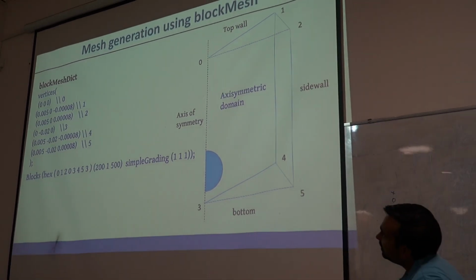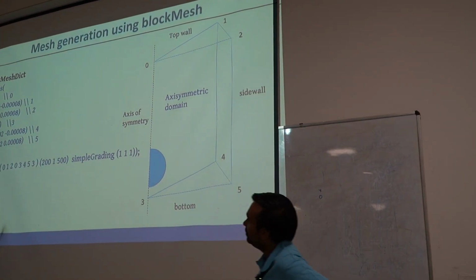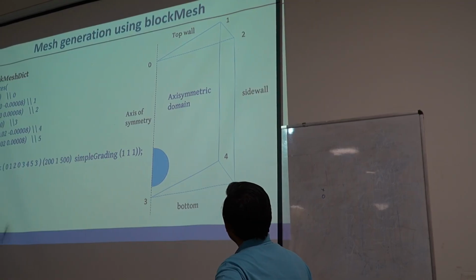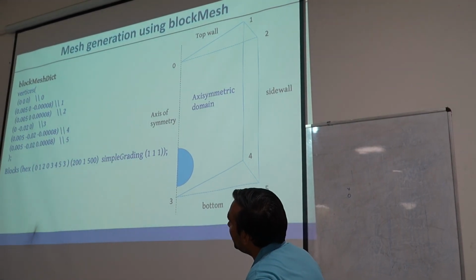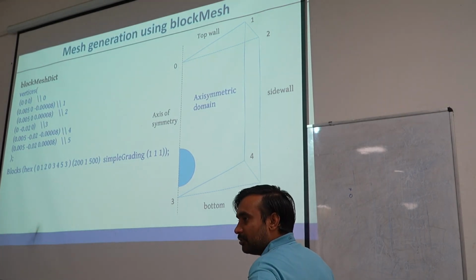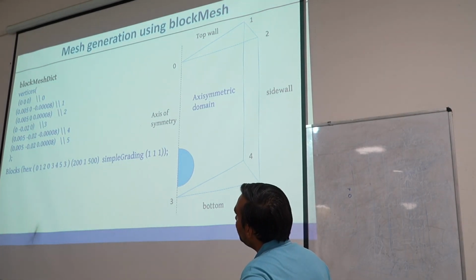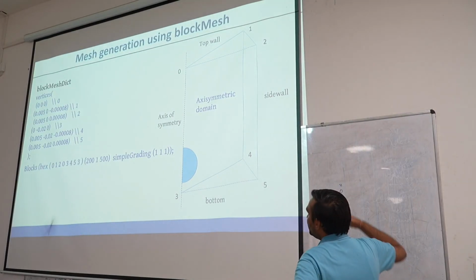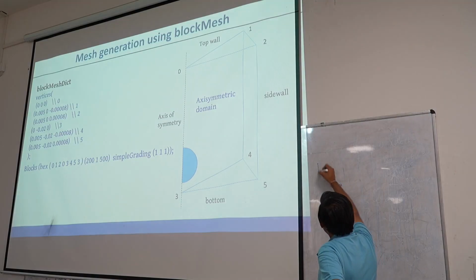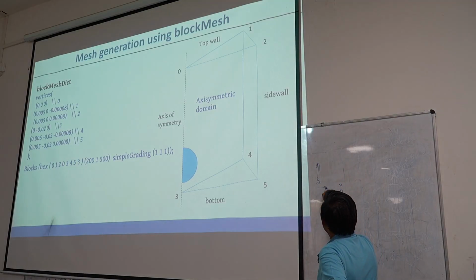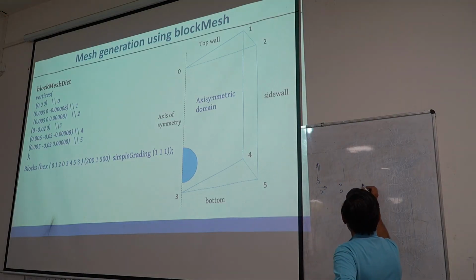What is the next one? 0.005. So in the x direction I am moving 0.005. In the y direction I am keeping it 0, and in the z direction I am moving minus 0.008. So say this is my direction y, this is direction x. So in the x direction I have moved something.